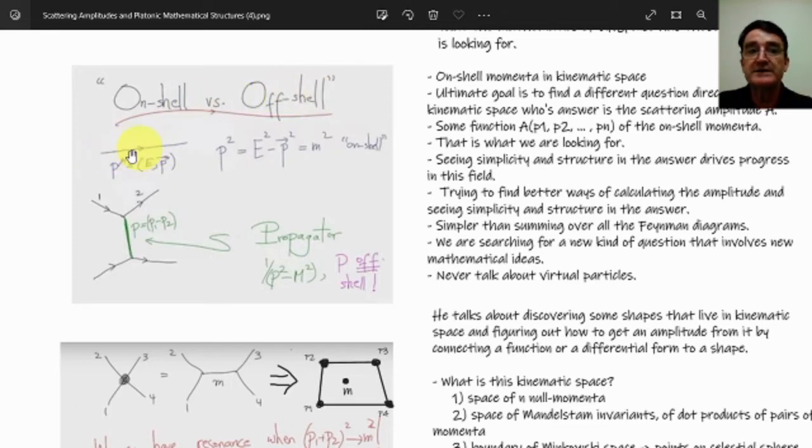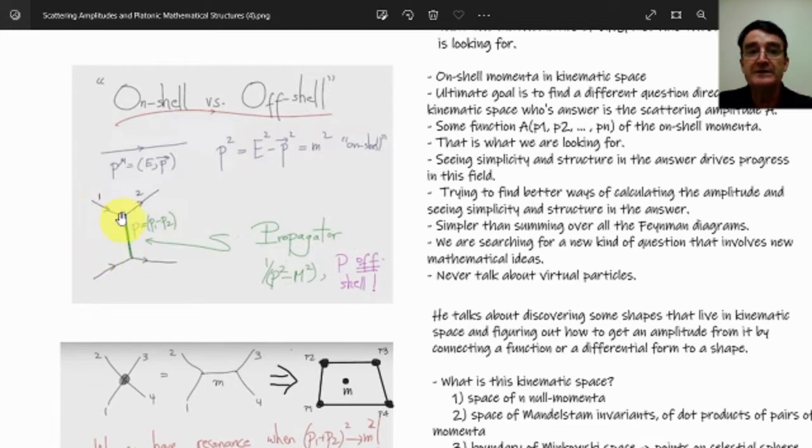The particle is given by its momentum, which consists of its energy and its momentum vector, and it's given by the Einstein relation: p squared is equal to E squared minus p squared, and that's equal to m squared. That's called on-shell, when p squared is equal to m squared.